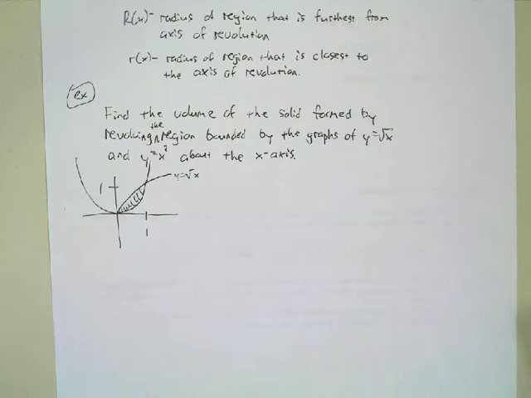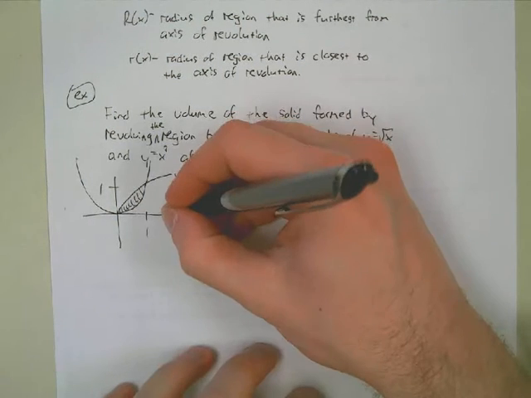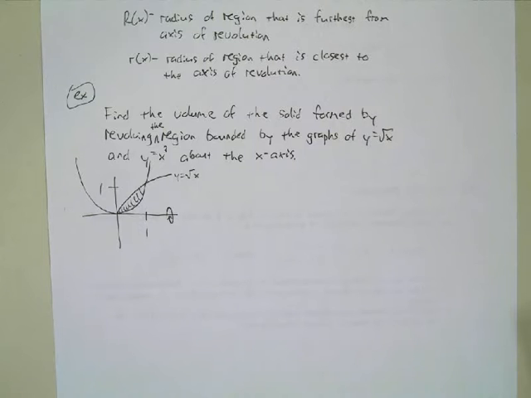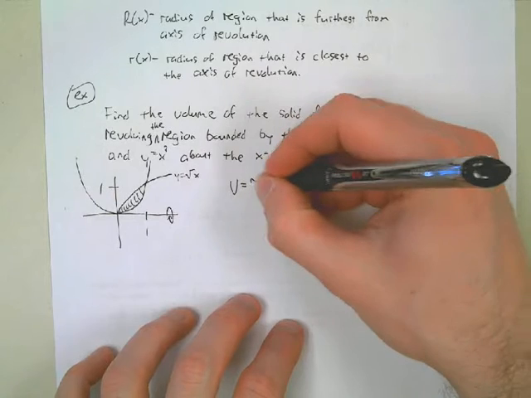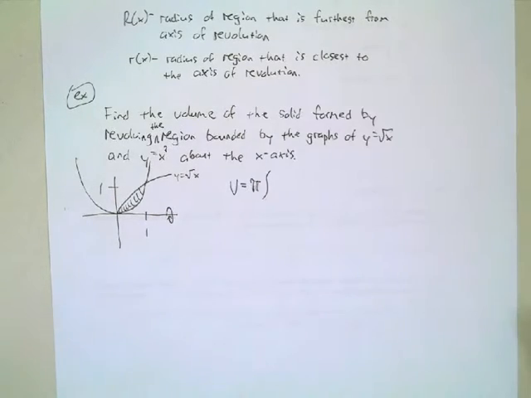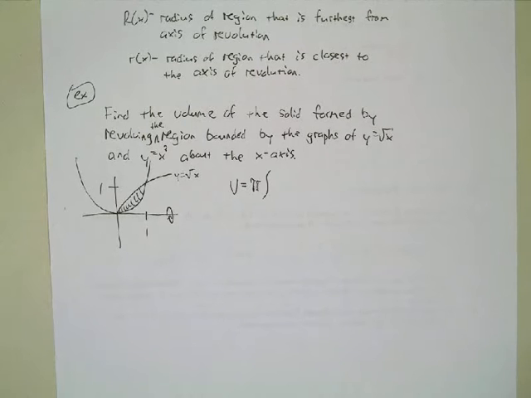So this is a horizontal axis of revolution, and so it's with respect to what variable, Connor? Horizontal, with respect to x. Good. So volume equals pi times the integral. And let's see here. Donovan, what will our limits of integration be here?